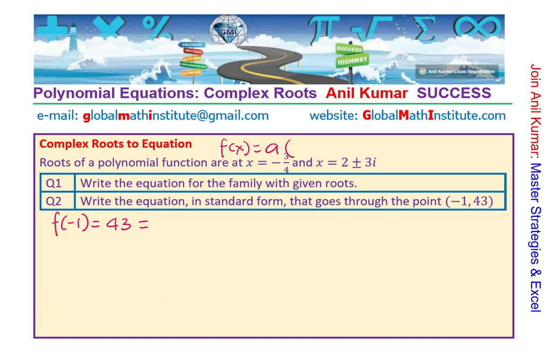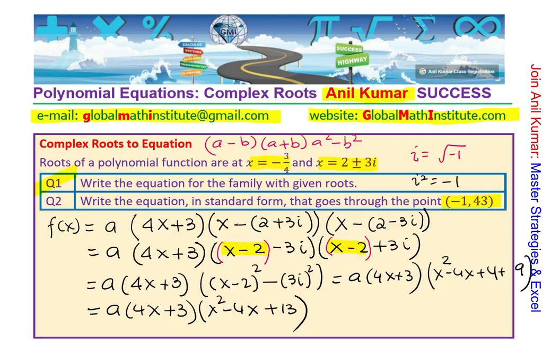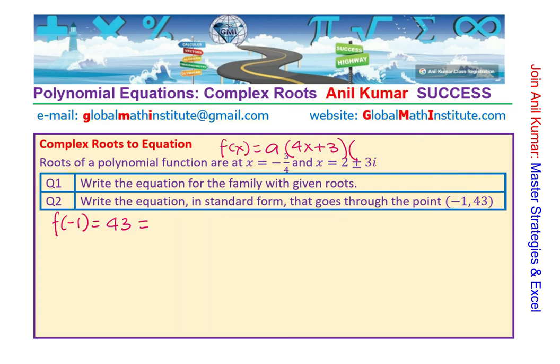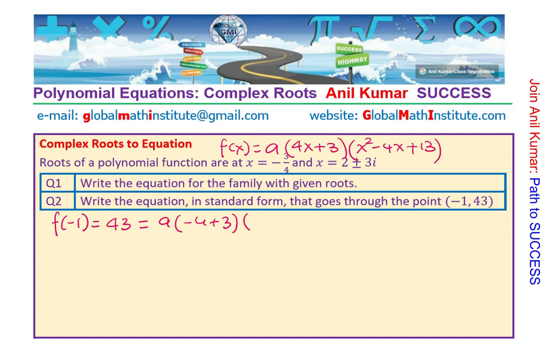a times 4x plus 3 times x squared minus 4x plus 13. Substituting minus 1 here, we get a times (minus 4 plus 3) times (1 plus 4 plus 13), correct?